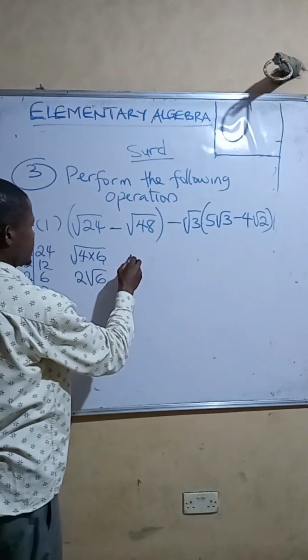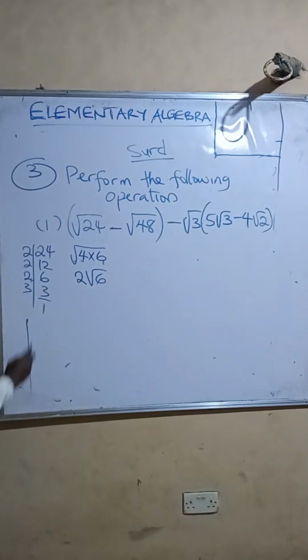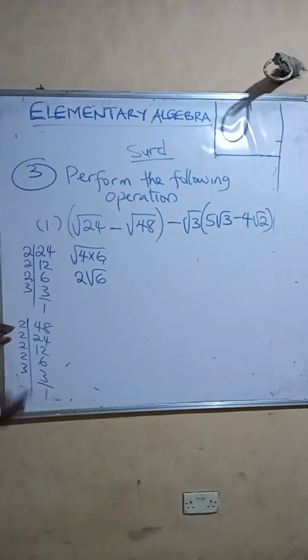Let's do the 48. 48 also will be what? 2 goes in 48, that's 24. 2 goes in 24, that's 12. 2 goes in 12, that's 6. 2 goes in 6, that's 3. And 3 in 3, that's 1. So we're going to split this product into 2 parts, such that one of them has a perfect square root.